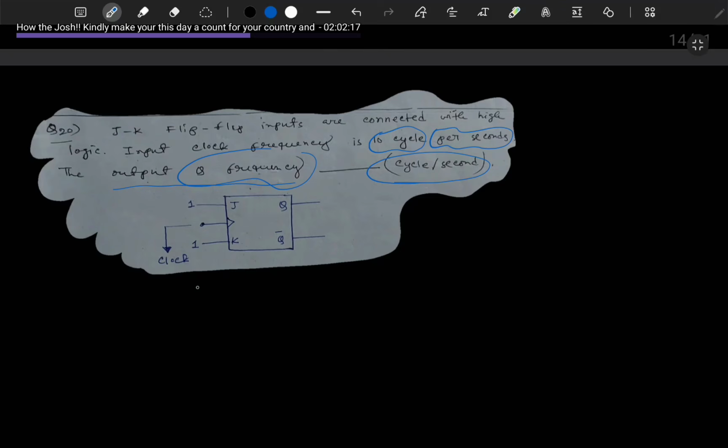So the characteristic equation of JK flip-flop: Qn plus 1 equals J Qn bar plus K bar Qn.